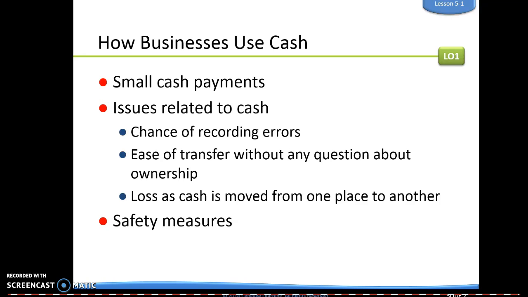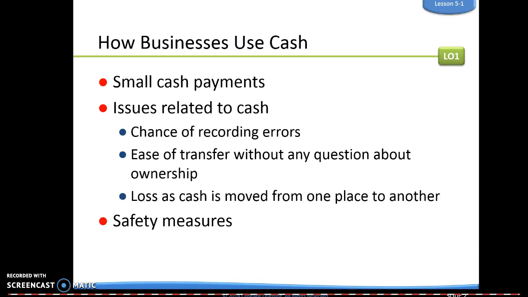When we talk about the use of cash, sometimes there can be errors made because we really don't have any evidence of what that cash was used for and how much was actually used. Because really, it's pretty easy to transfer the ownership from one person to another, and there's really no question or evidence of that cash being used.